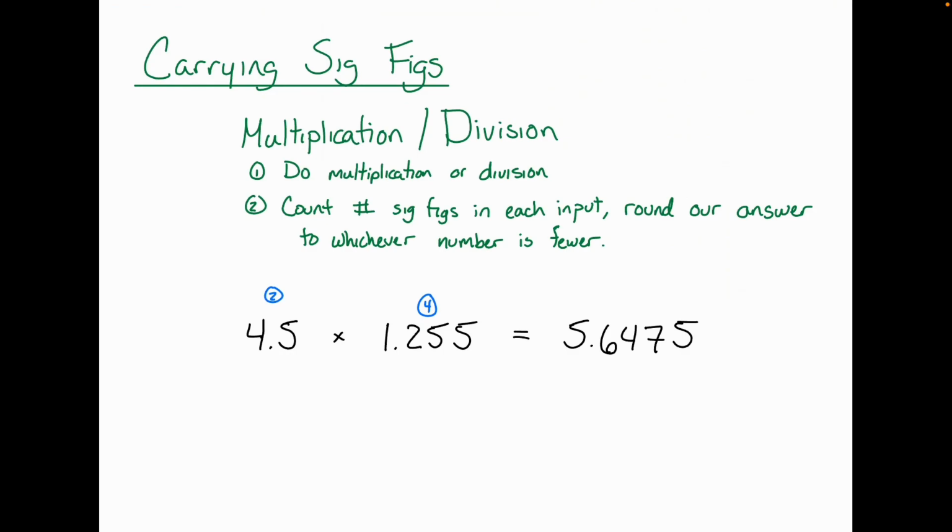Meaning I'm going to compare the 2, I'm going to compare the 4. Which one's the smaller number? The 2. So that means I'm going to round my answer to 2 sig figs. So everybody take a second and round our answer here to 2 sig figs.